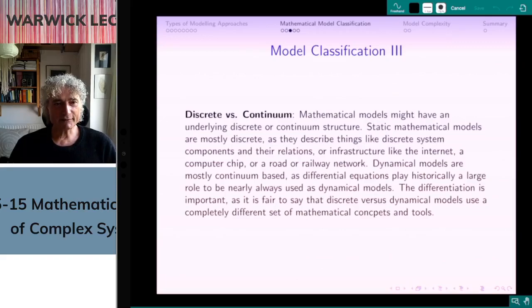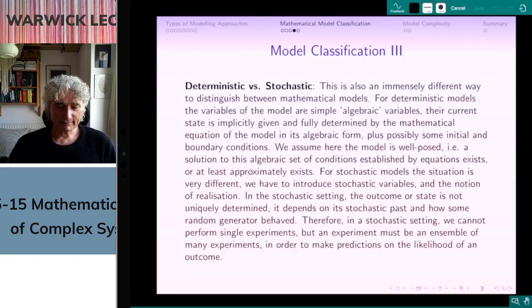On the other hand, for many things related to dynamical models, you will have to have a continuum approach. For example, you need to have the notion of a differential, things like that. Now let's go to deterministic versus stochastic. This is also an immensely important distinction between mathematical models.